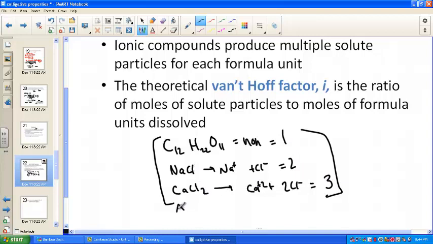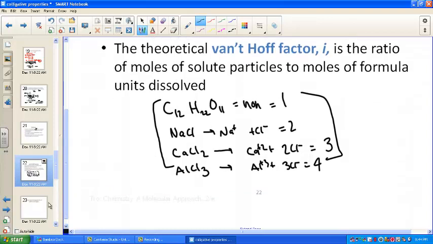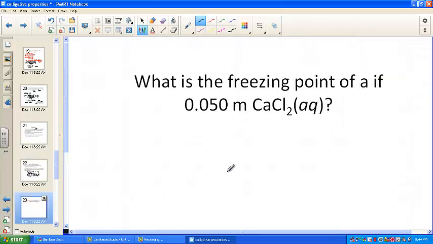I can follow the trend. Aluminum chloride gives me an aluminum and 3 chlorides, Van Hoff factor of 4. That's 4 times the effect on the boiling point as compared to molecular sugar. So you see why it was so important to keep writing that in our practice problems.